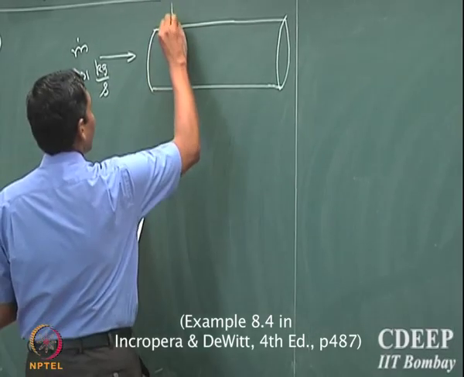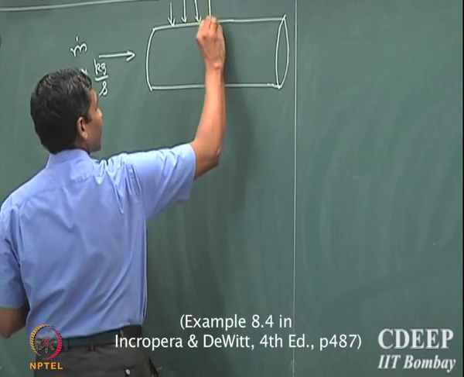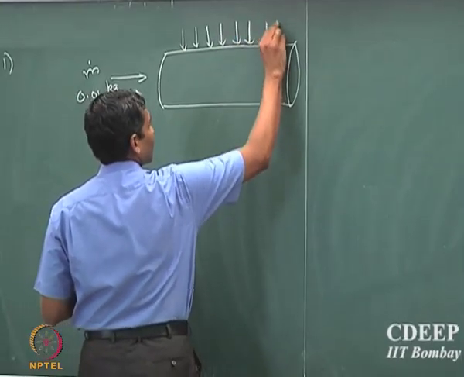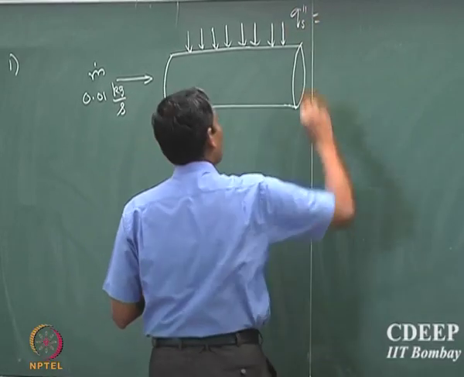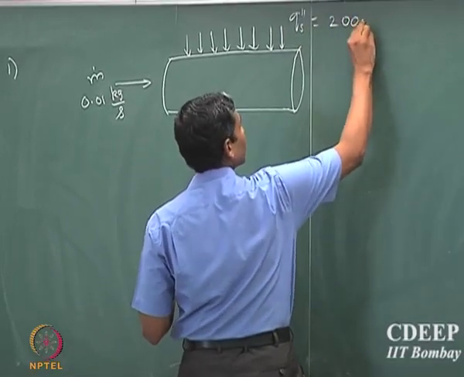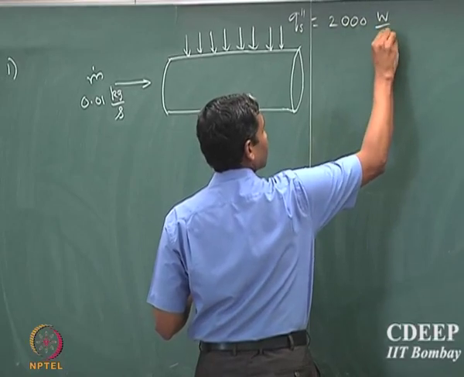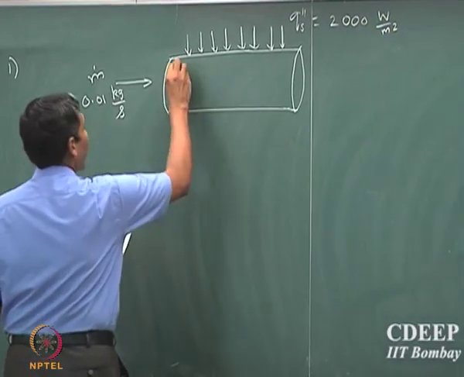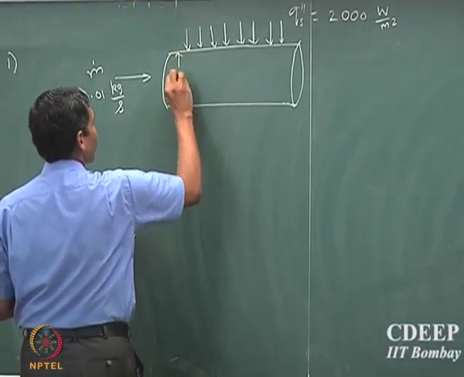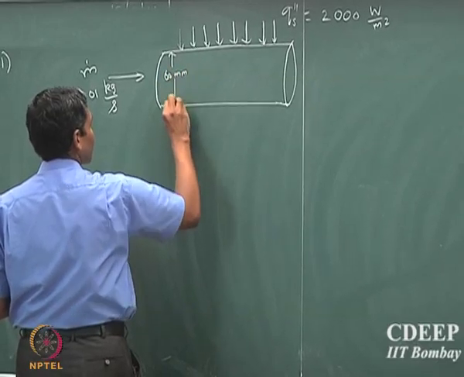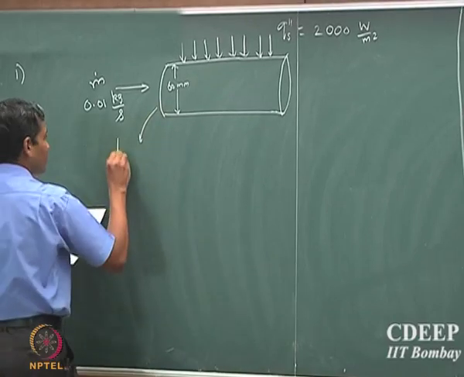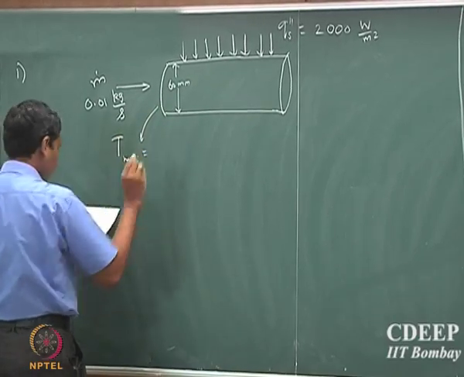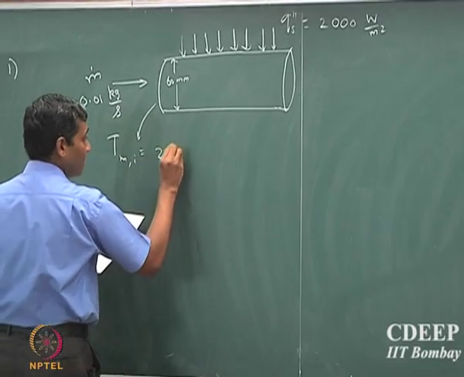Then the external surface is maintained at a constant flux of 2000 watt per meter square. Then the diameter is 60 millimeters. The mixing cup temperature at the inlet is 20 degrees C.